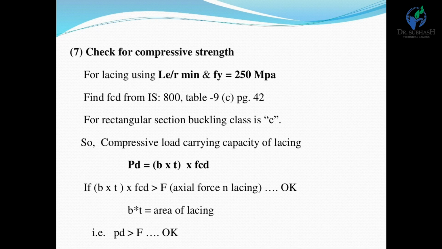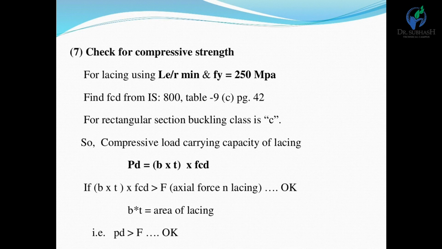So the compressive load carrying capacity, denoted by PD, is equal to B multiplied by T into fcd. B is the width of lacing, T is the thickness of lacing, and fcd is the compressive stress.